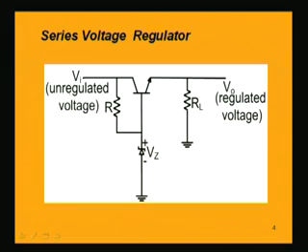Even though this input is unregulated, we want the output voltage to be a regulated one. That is done by this circuit. In what manner it does, let us analyze that. So the voltage at the output is obtained across this load resistance RL, and this transistor is the controlling element, and we have a reference voltage given by this Zener voltage of this Zener diode.